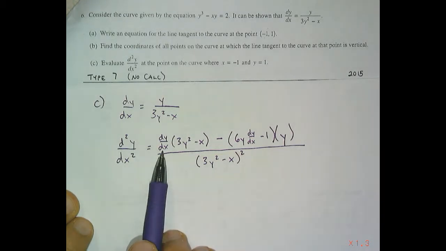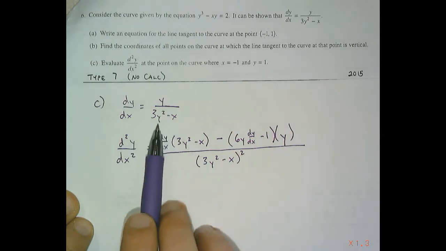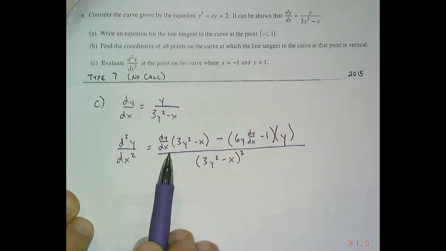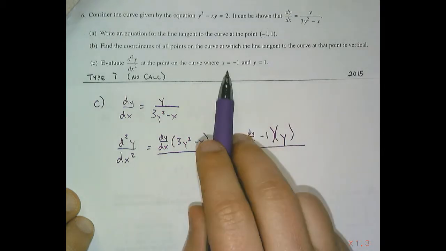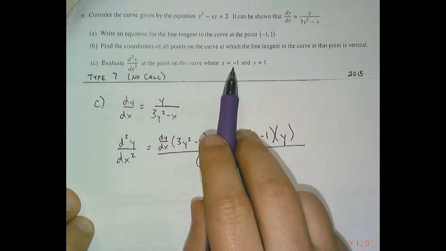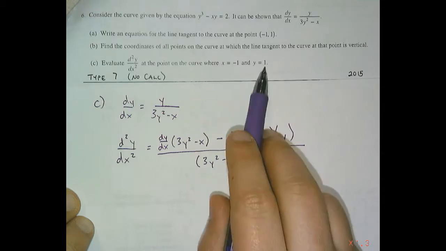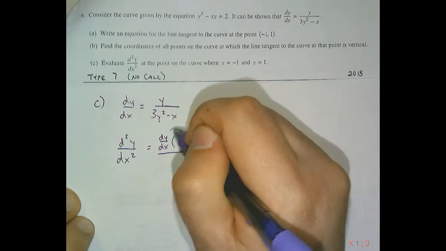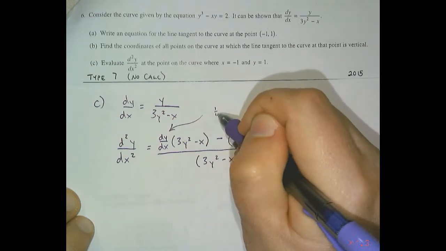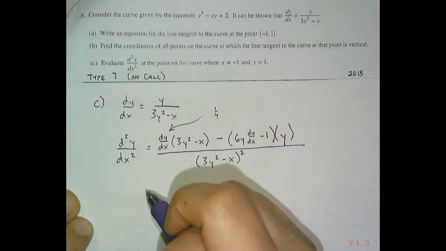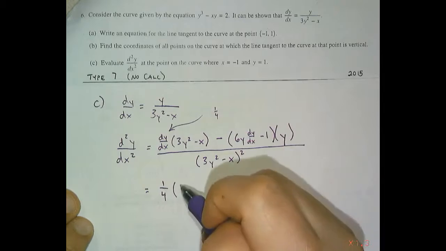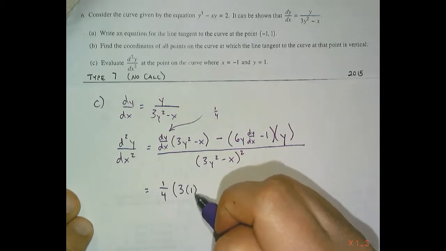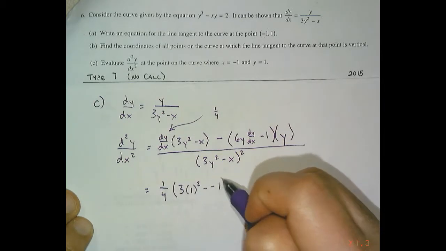We can substitute in our dy dx right here, or we can go ahead and start evaluating this at -1, 1. Because I already know what dy dx is at -1, 1 from part A, we know this value to be 1/4. I'm going to bypass that substitution and just stick 1/4 in there. 3 times 1 squared minus -1.